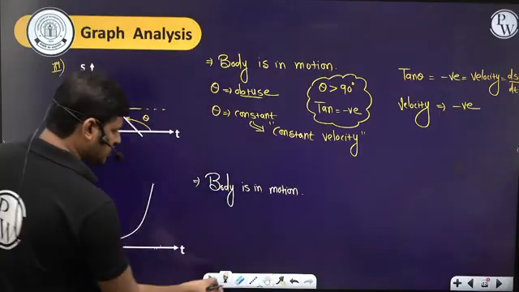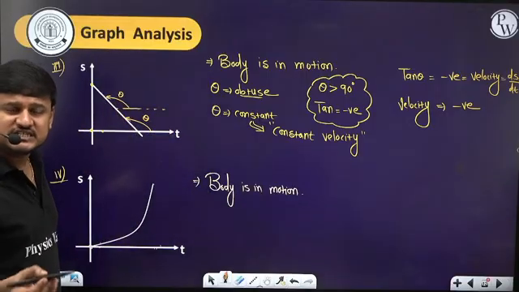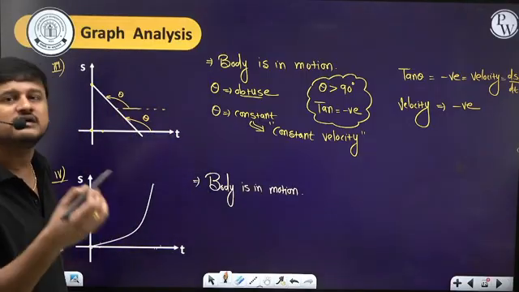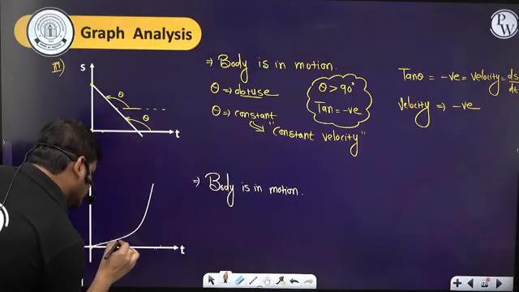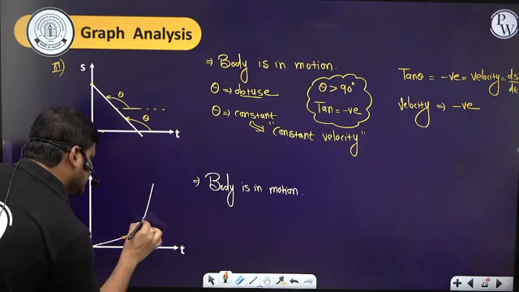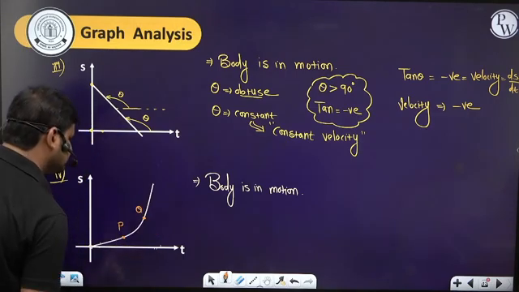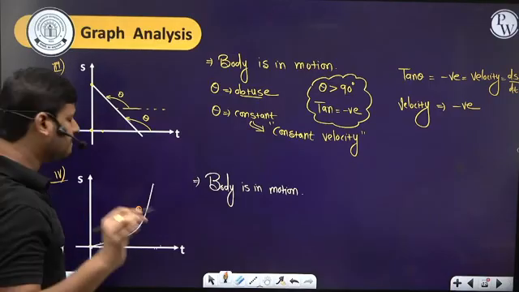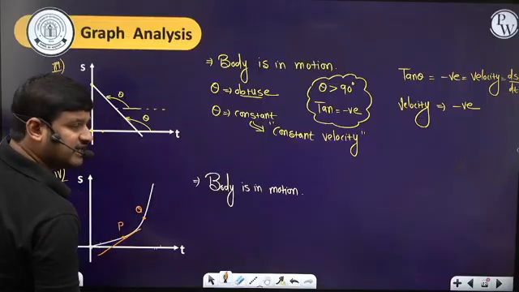That's fine. Now, to find whether its velocity is constant or varying, consider two points on the graph. Let's name this point P and this point Q. At whatever place you have to find the velocity, for the position-time graph, just draw a tangent there.